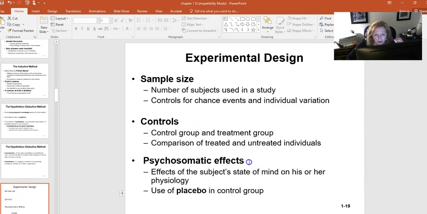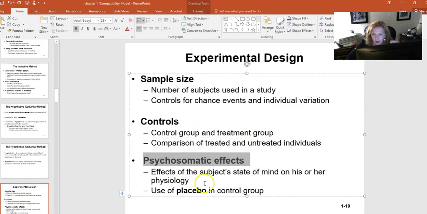Now, the psychosomatic effects are so real. This is just a proven thing that the power of the mind is amazing. And we definitely know that. This is why we understand that positive thinking can have a real positive effect on outcomes and the state of mind that someone's in.